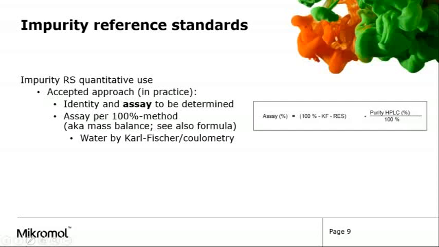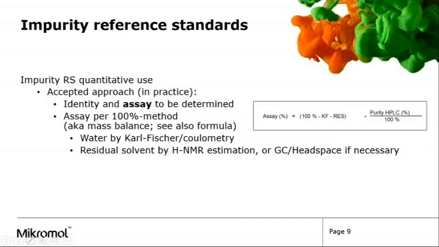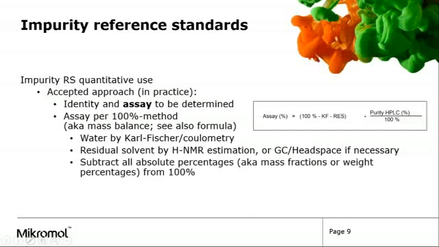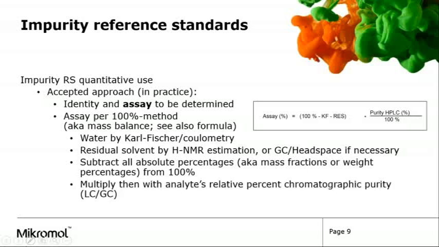Usually water is considered, done by Karl Fischer with coulometric mode, usually takes less sample. Residual solvents that might be present can be determined many times by proton NMR, or if necessary, GC with headspace sampling can be performed. Those percentages are subtracted from 100%, and then the result is multiplied by the relative chromatographic purity percentage to get the assigned assay value.